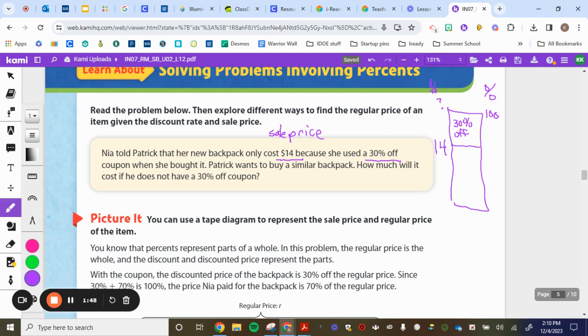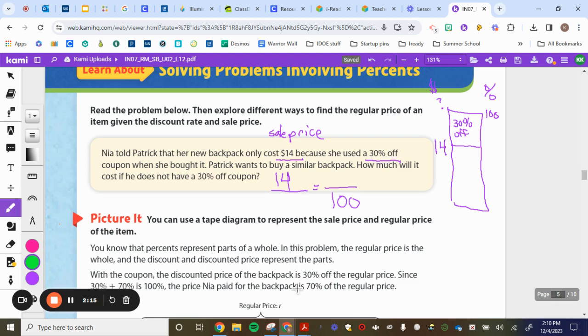And I know 14 is the part, but I need to do some thinking to solve the rest of this problem. So in my percent proportion, I know 100 will go here. I know that $14 is my part, but I need to first find out what percent this is going to be.